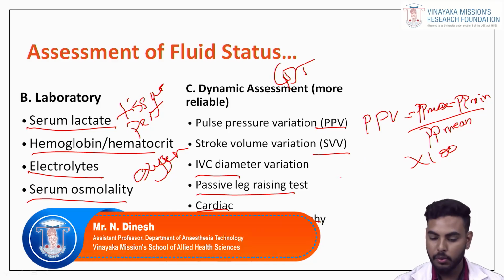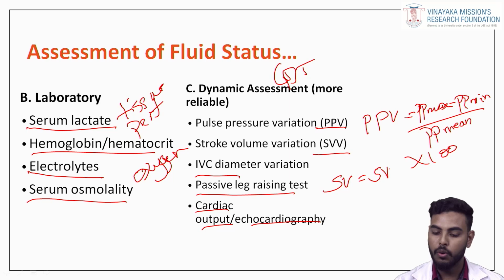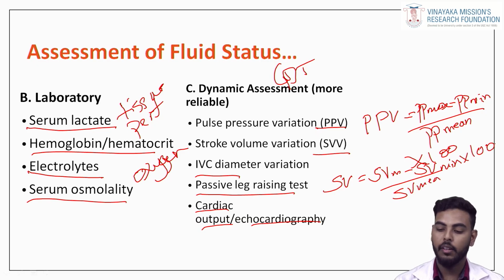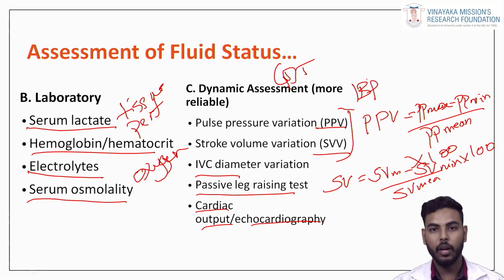Stroke volume variation is calculated with the same formula: stroke volume max minus stroke volume minimum, divided by stroke volume mean, multiplied by 100. This is the main thing to note in pulse pressure variation and stroke volume variation. These two components are measured with IBP, that is invasive blood pressure. While connecting to the IBP monitor, we can measure all these components.